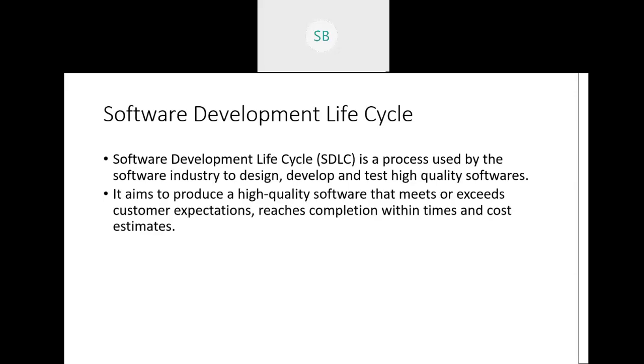The entire process is known as the software development life cycle. If we have a proper life cycle, we are able to build high quality software, because the customer is able to get the expected product.